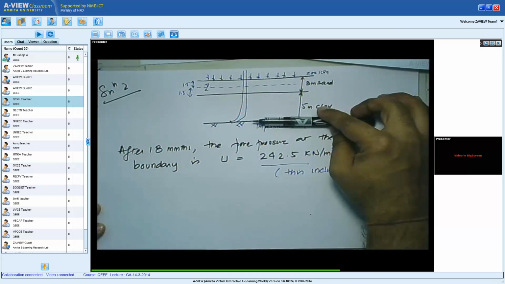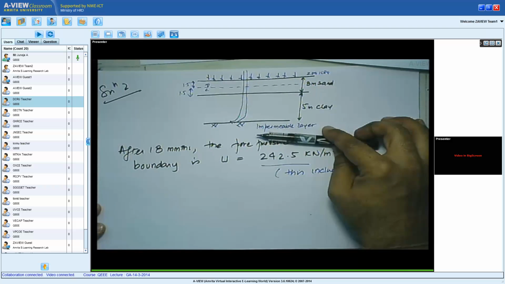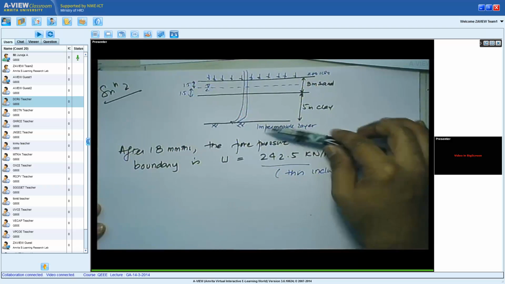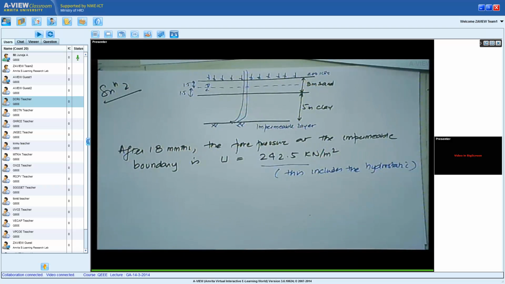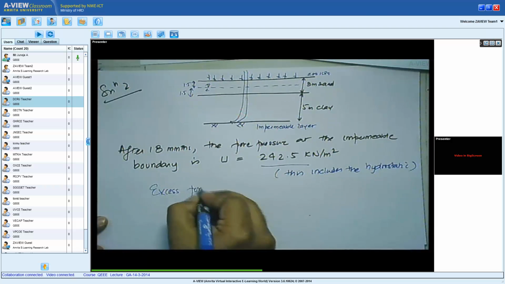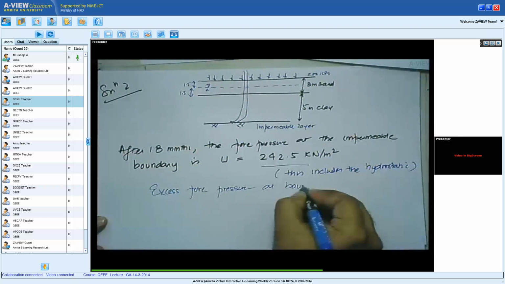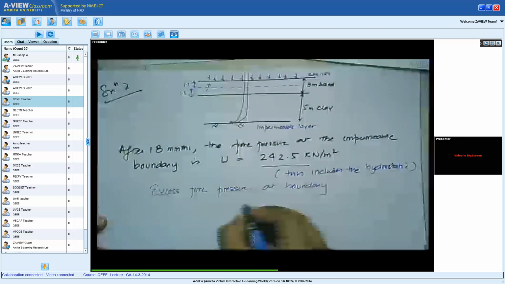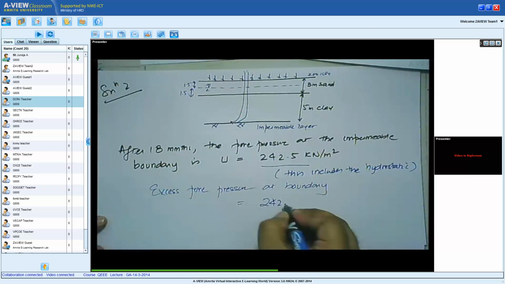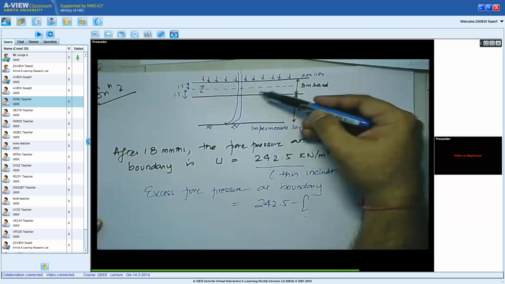Then gradually this excess pore pressure starts to dissipate. So from 200 it came down to a value after 18 months. Let us deduce this value. Excess pore pressure at boundary equals 242.5 minus the hydrostatic.